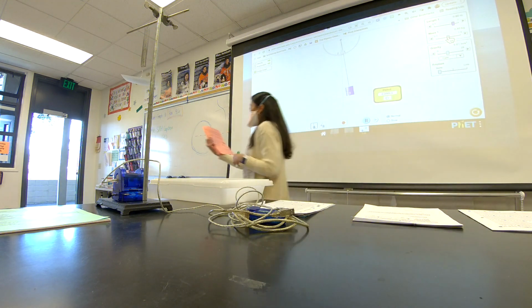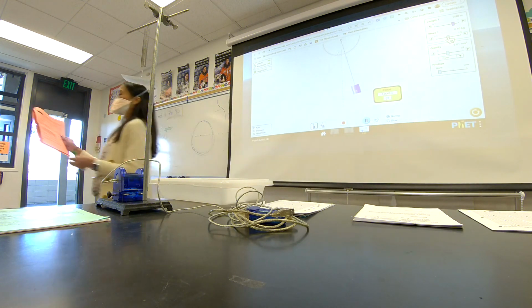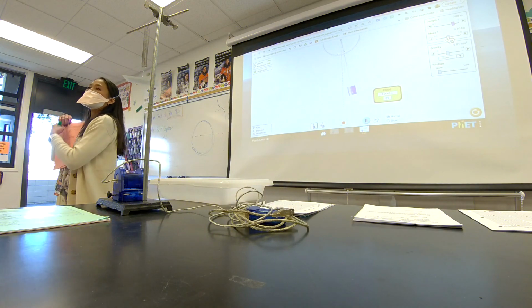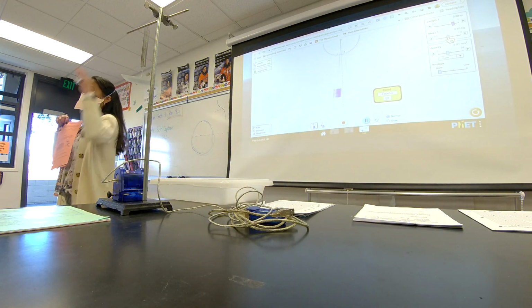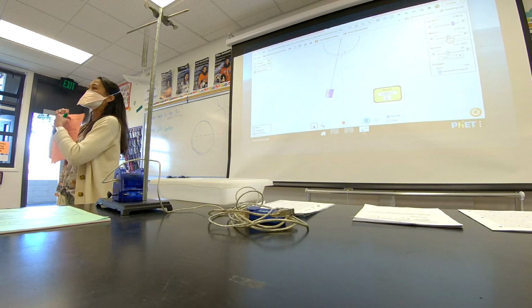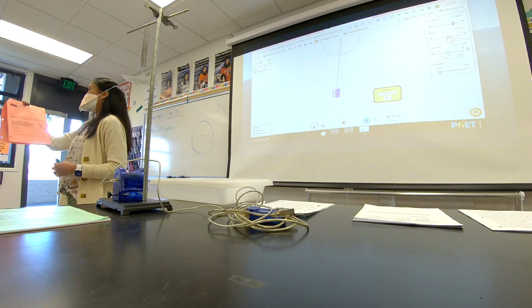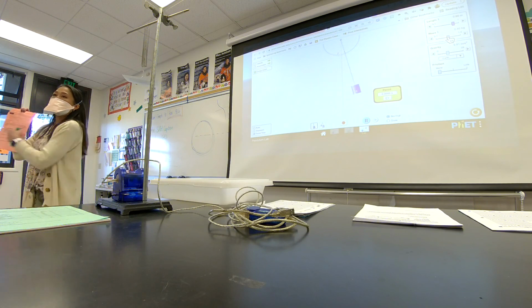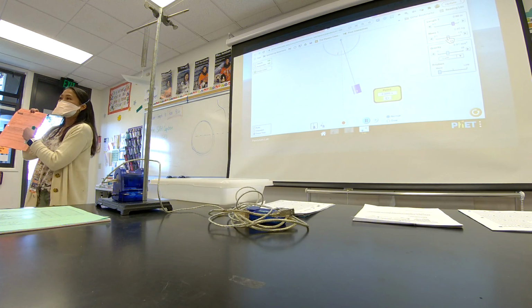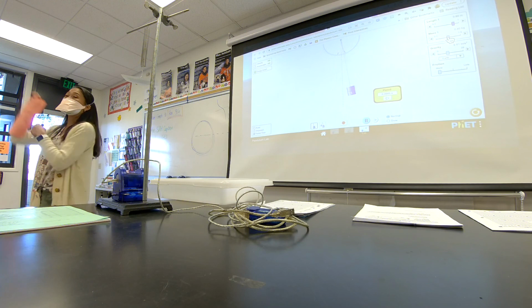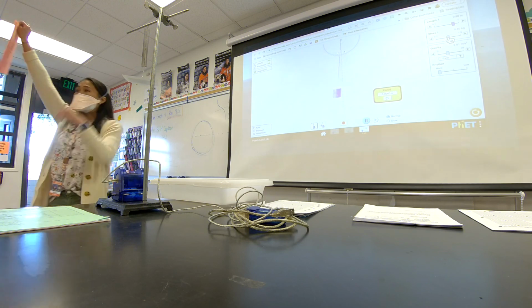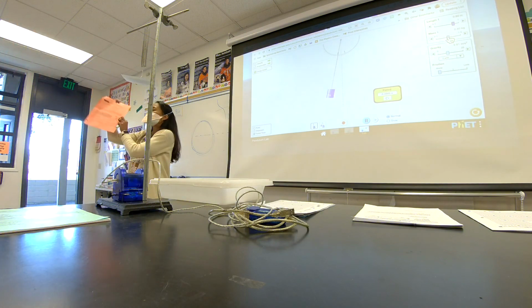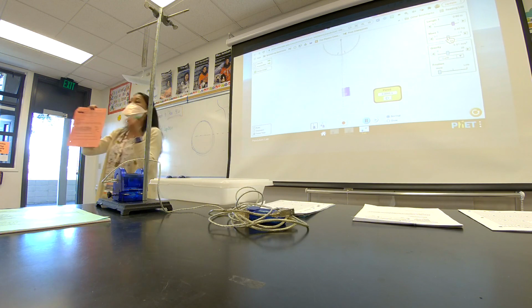Same thing with mass. If you change your mass, keep your amplitude and your length the same. Okay, after that, you're going to use the knowledge you gained from these two labs to answer the next few questions. And if you look at the next question, which is the graph right above question number 4, you get this crazy looking graph that is related to something called a double pendulum.